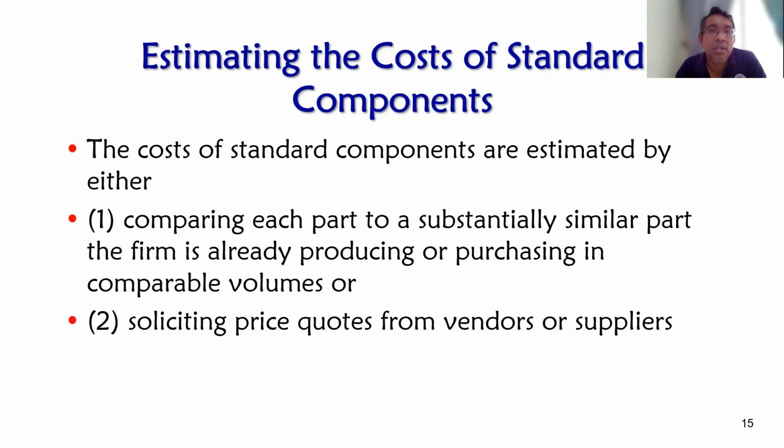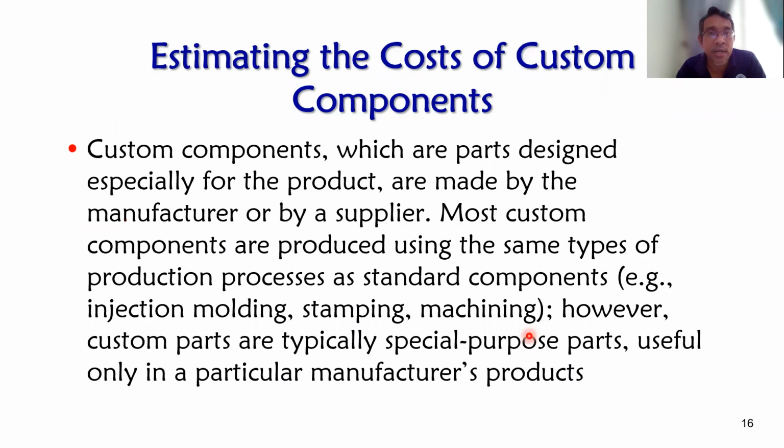So estimate the cost of the standard component. You need to make a comparison and then get a quote from the vendor by using that one just now. And then after that, estimate the cost of the custom component. Custom components are normally based on the raw materials and the product label we have.